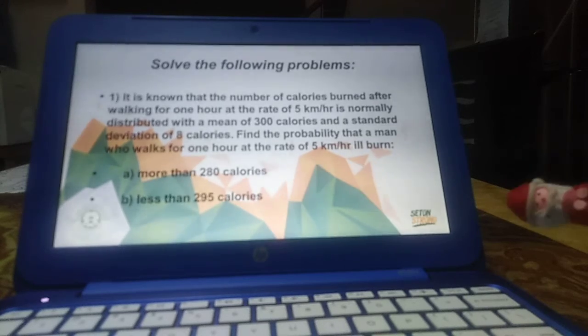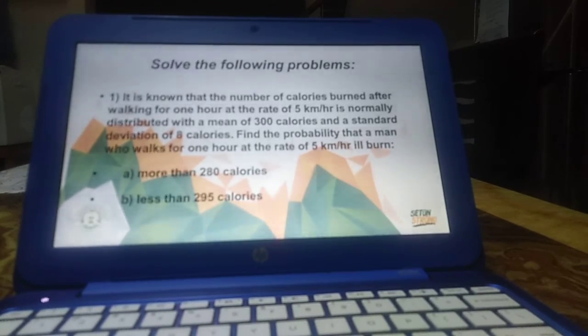If we're looking for more, we subtract that area from 1. Whatever is the difference is now the probability that we're looking for. We just need to change it to percent. If we're looking for less than, then again, we solve for the z-score, get the area from the z-table.